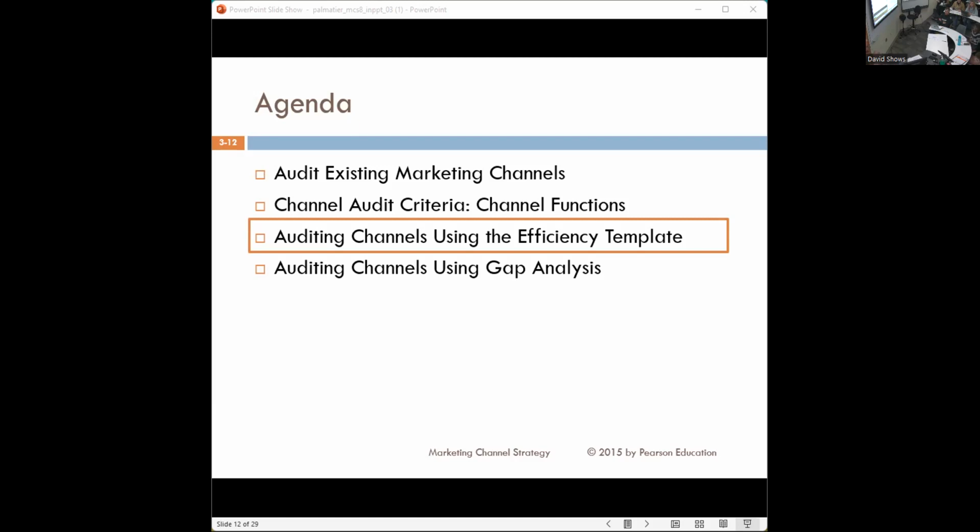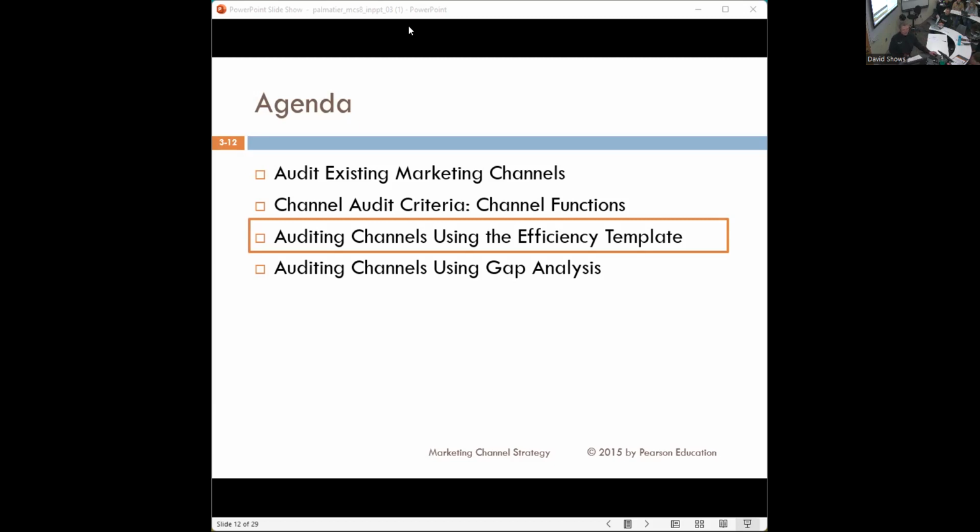Okay, so the efficiency template, the basic idea is to be able to account for the cost of each item per channel member and also take into account the value that those channel members add.